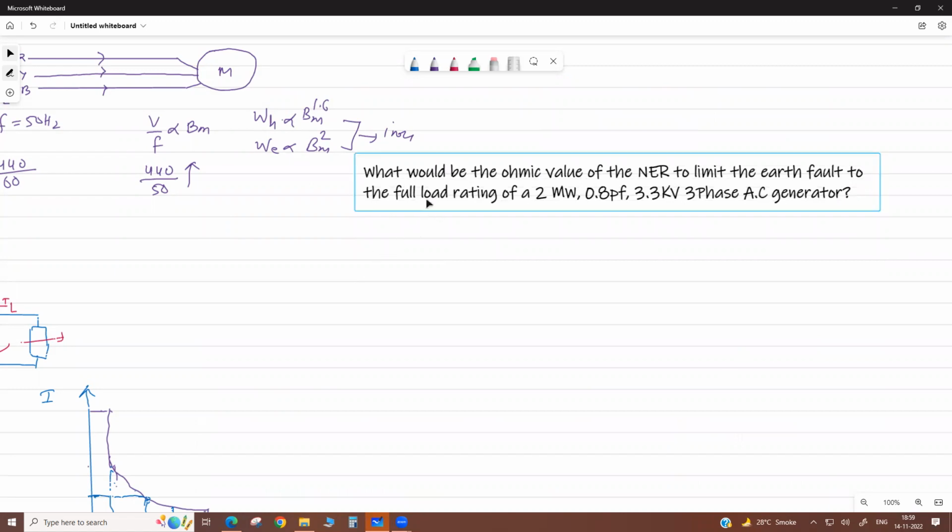Suppose there is an alternator; this alternator is always star connected.